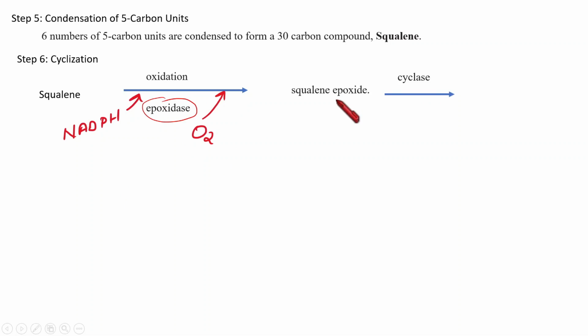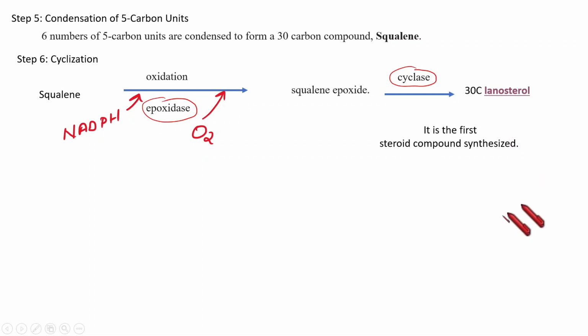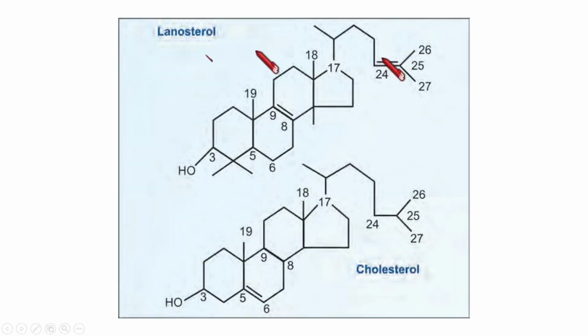The squalene epoxide undergoes cyclization with the help of the enzyme cyclase and forms the 30-carbon cyclical form. It is called lanosterol. It is the first sterol formed in this biosynthetic pathway. First sterol.